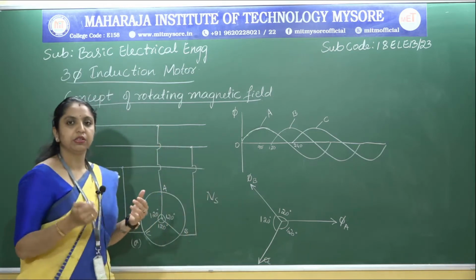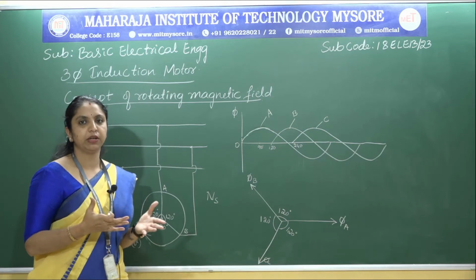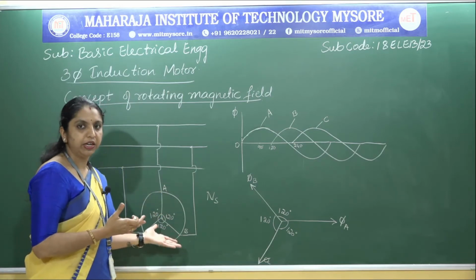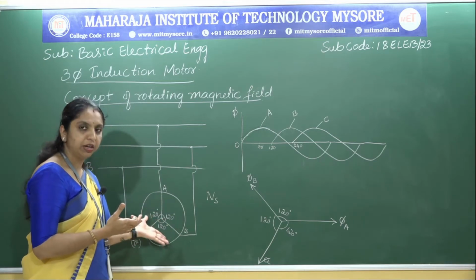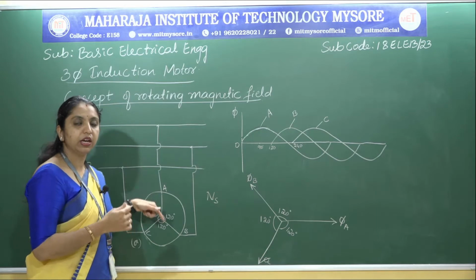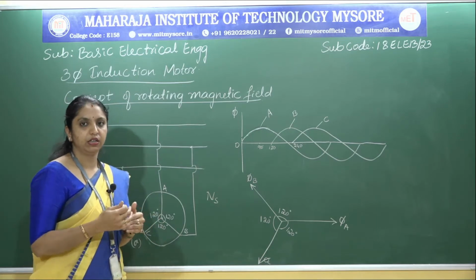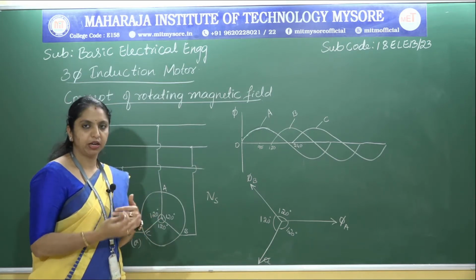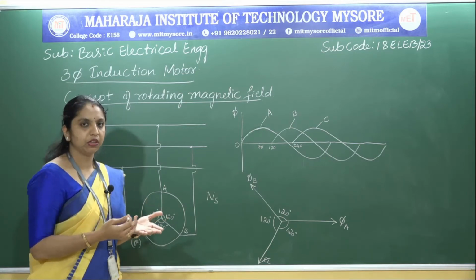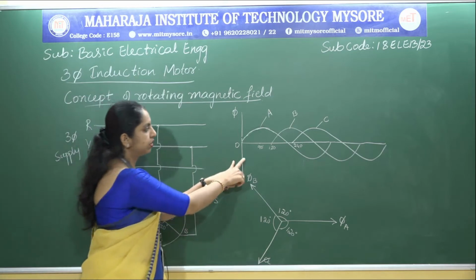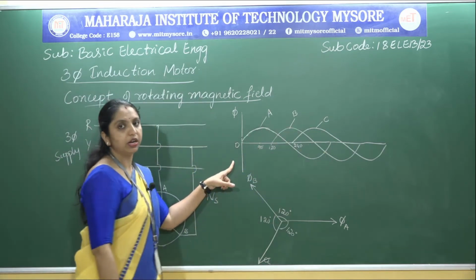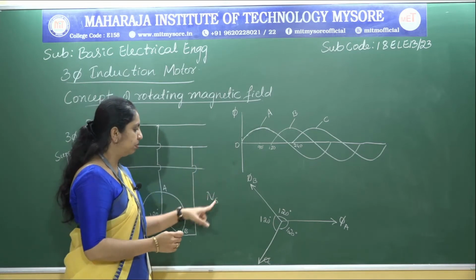So remember, when three-phase supply is provided to three windings and current passes through them, we have a rotating magnetic field, or magnetic flux, with constant magnitude, which you can observe in this figure, rotating with the speed of Ns.